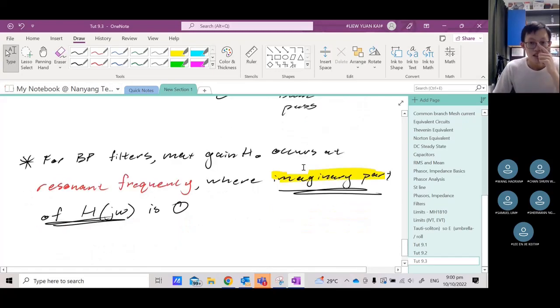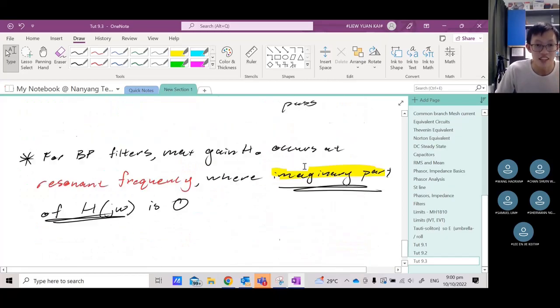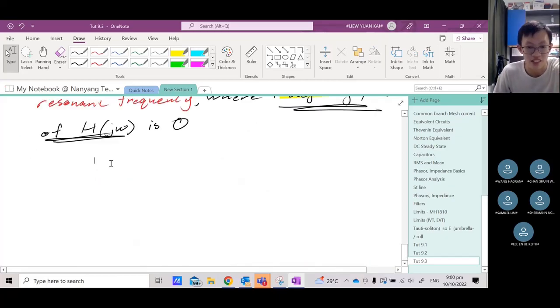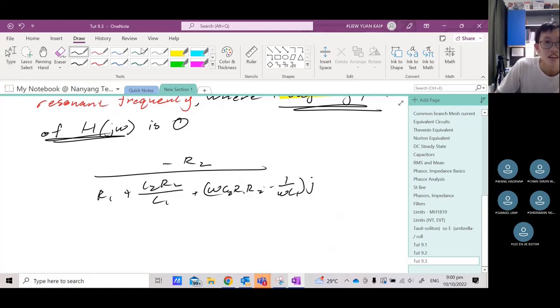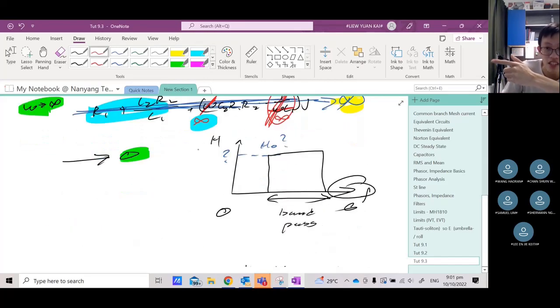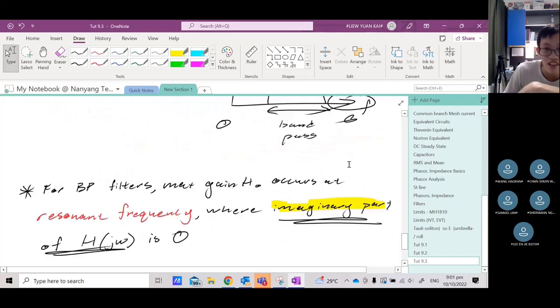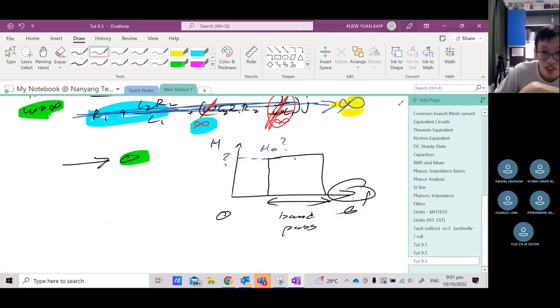Okay? What does that mean? So let us have a look at our H function that we got just now, which is this one, right? Where is the imaginary part? This one, right? Because it's in front of J. In front of J is the imaginary part. So to achieve this maximum gain, the maximum gain will occur at the resonant frequency.